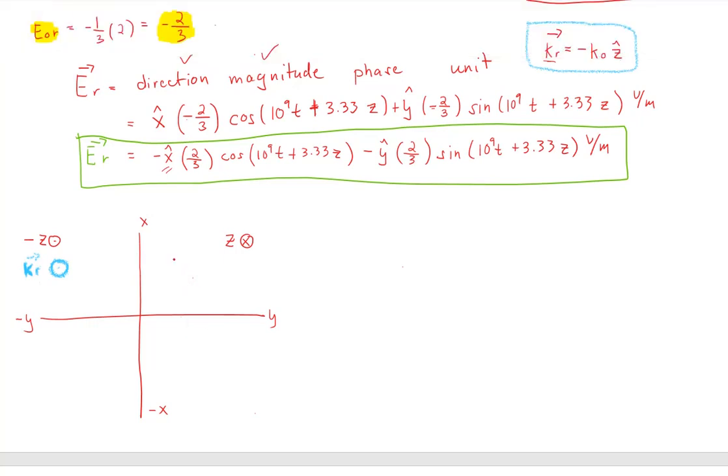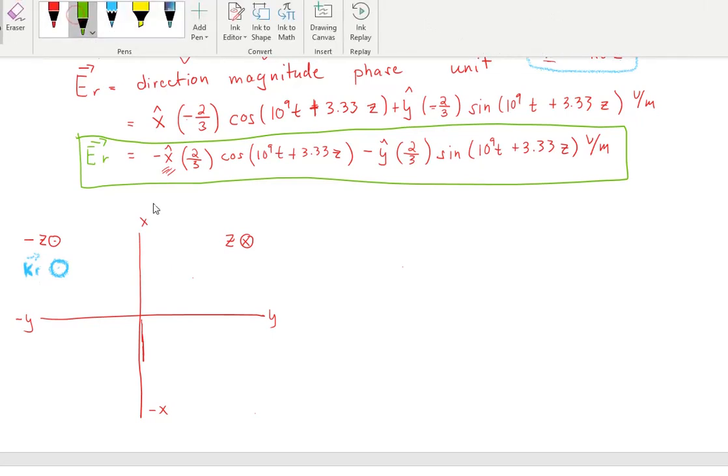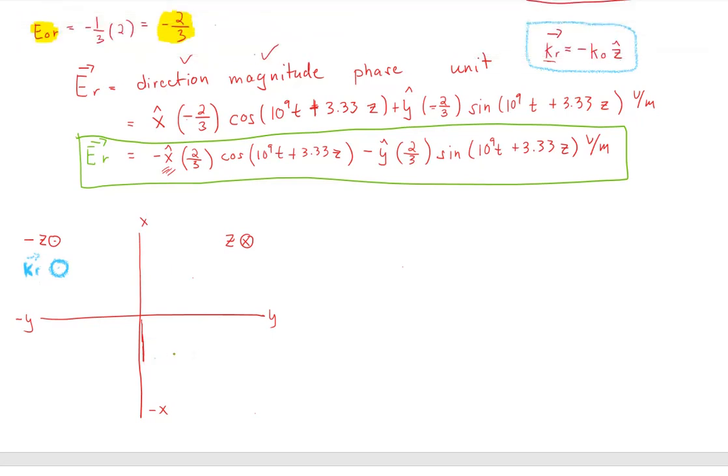We know that the first term of E's of R, or E reflected, is along negative x-axis. So let's just sketch it. So it's over here. Initially, right? So we know that that is our t equals 0. Alright, now let's look at the second term.